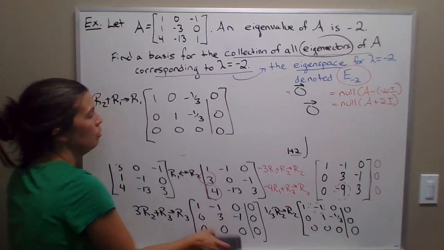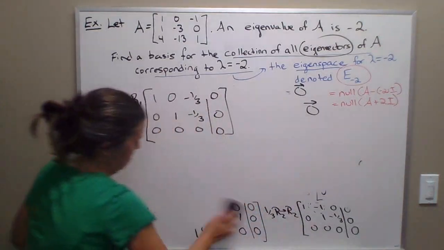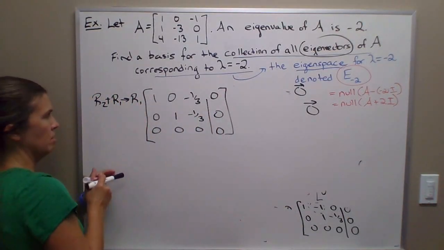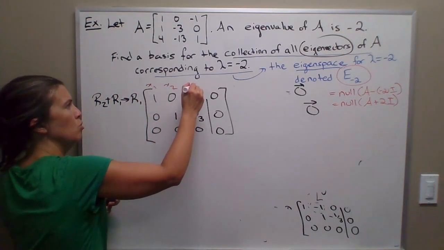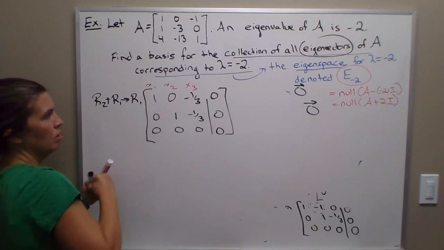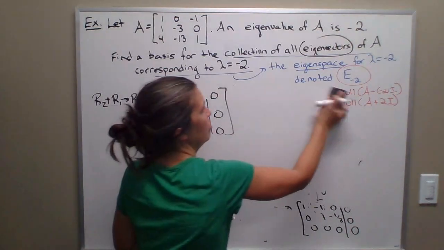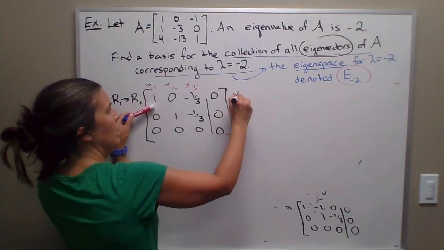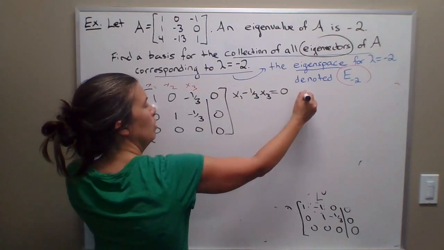Okay. So our solution set looks like this. These are our coefficients for x1, x2, x3. So x1, in fact, let me write this over here. 1x1 minus 1/3 x3 equals 0.